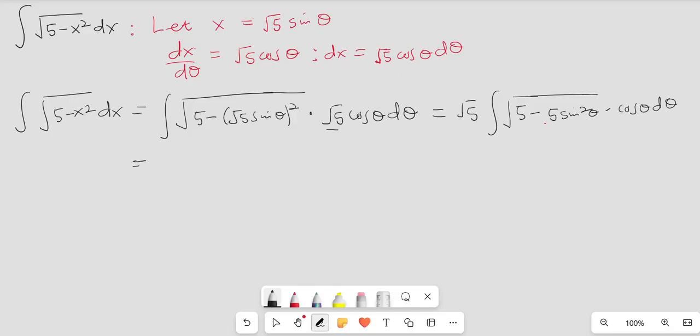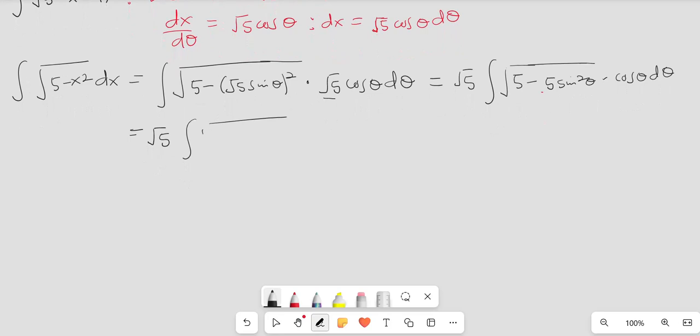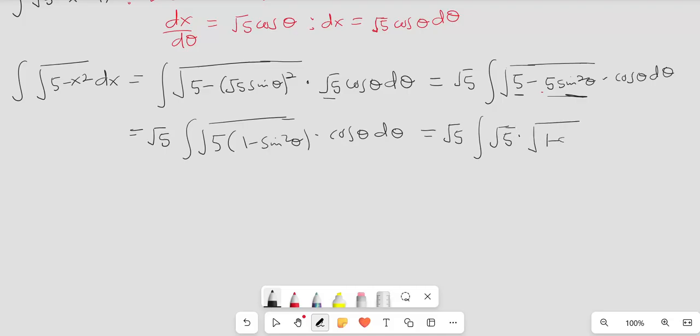This further simplifies to the square root of 5, the integral, where the 5 is common in both terms. Factorize that out, with 1 minus sine squared theta times cosine theta d theta. This can be split into the square root of 5 times the square root of 1 minus sine squared theta times cosine theta d theta.